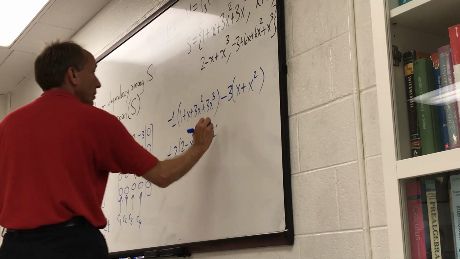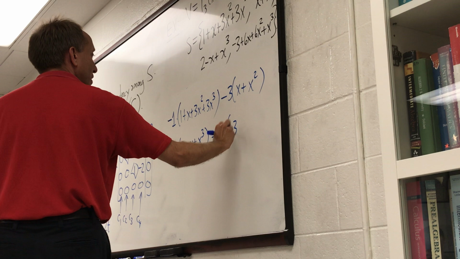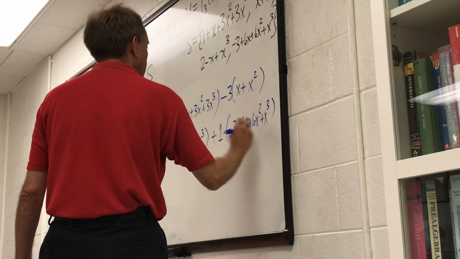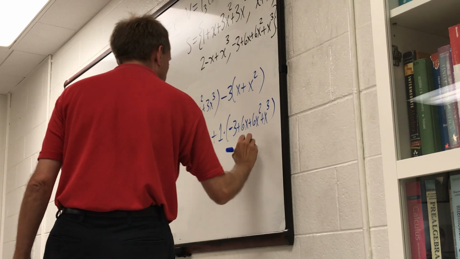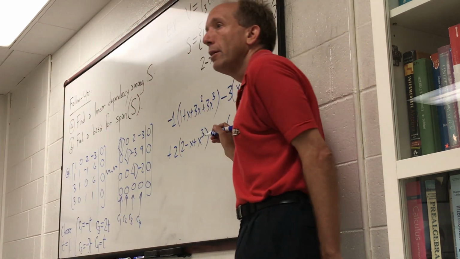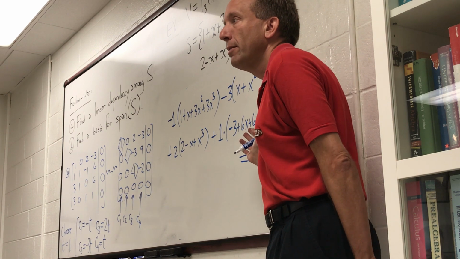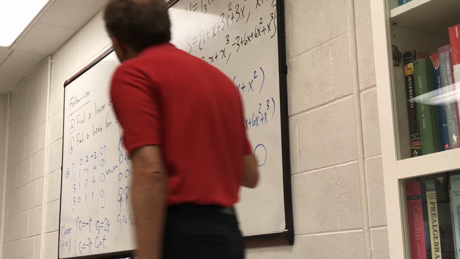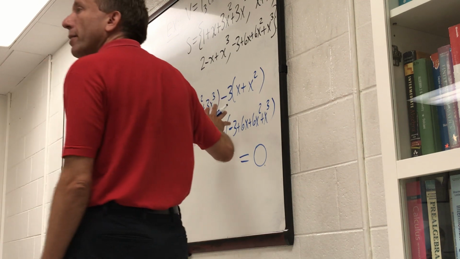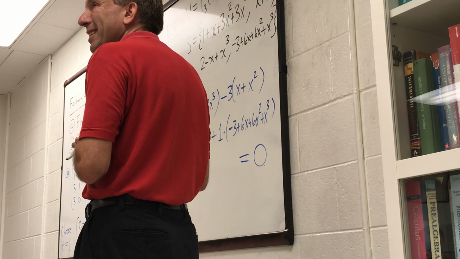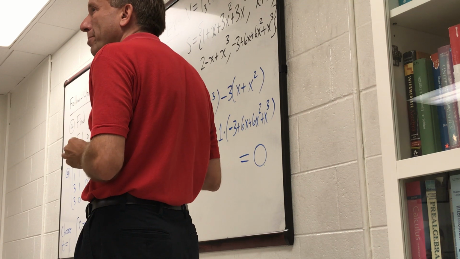And then plus 1 times the last polynomial. And all of that adds up to 0. So this is the linear dependency that you have. So it says find a linear dependency. This would be the equation. Does that make sense? That's how you create the linear dependency.